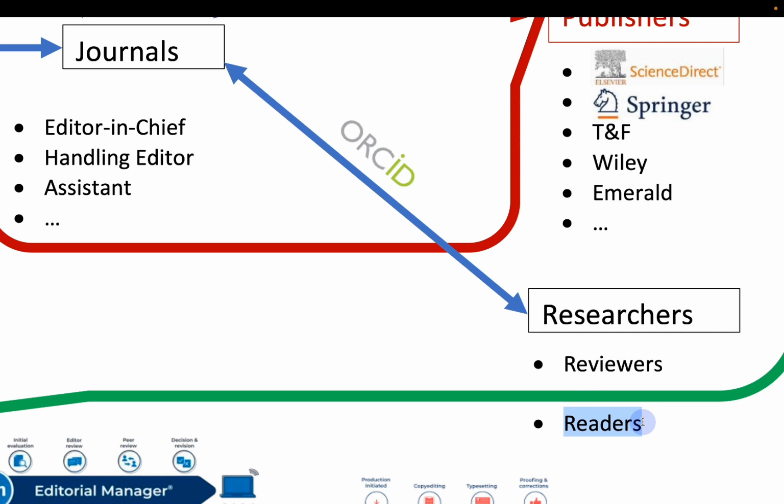In this way, the other researchers either help the journals, after receiving an invitation letter from editors, to review and judge the submitted manuscript as reviewers, or these researchers can contribute to the journal by reading its published papers.